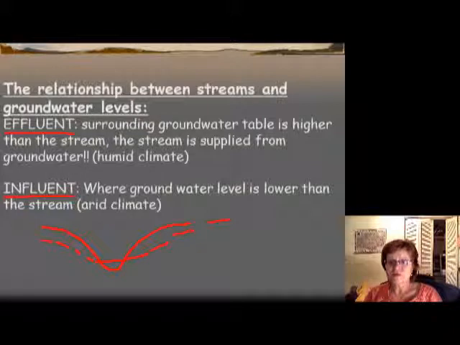This is the water table, and the water table feeds the stream. So the stream is supplied from the groundwater, and that just means that the groundwater empties into the stream.